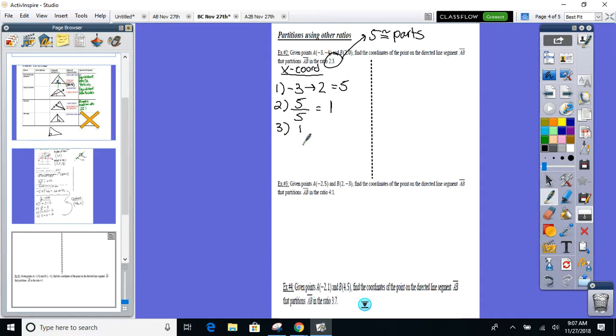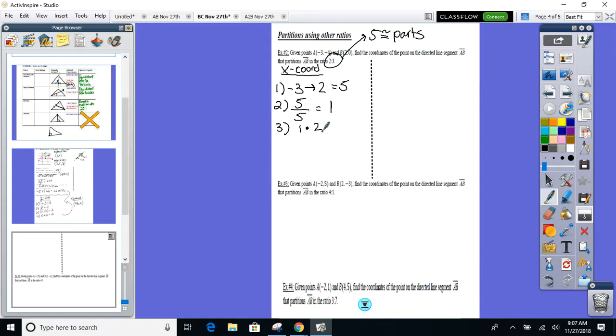So I'm going to take that 1 unit, multiply it by 2. Do you see why I'm going twice? Let's go to the backboard real quick. Here you go. A, B. So they're 5 congruent.